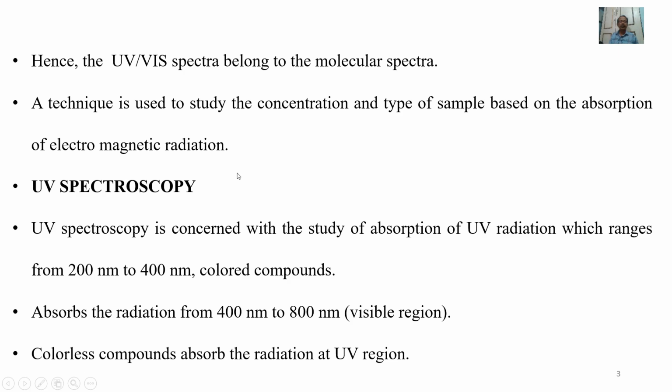UV spectroscopy is concerned with the study of absorption of UV radiation, which ranges from 200 nanometer to 400 nanometer. Colored compounds absorb radiation from 400 nanometer to 800 nanometer in the visible region. Colorless compounds absorb radiation in the UV region.